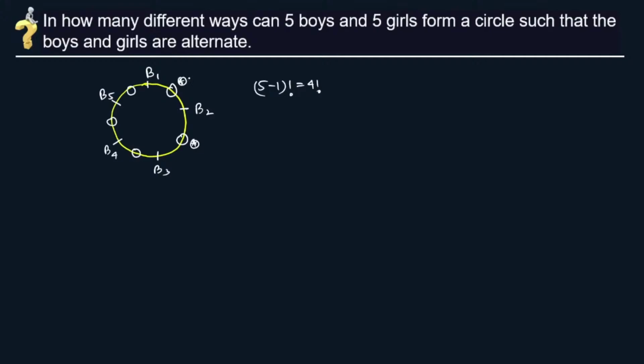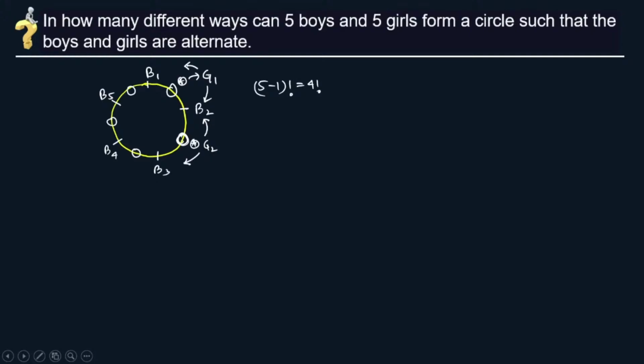Because if G1 comes to this seat, on the right hand side of G1 we have B1, and on the left hand side we have B2. So this seat is defined. If G2 takes her place on the other seat, on the right side of G2 it is B2, and on the left side we have B3. So these 2 seats are different, they are not the same.